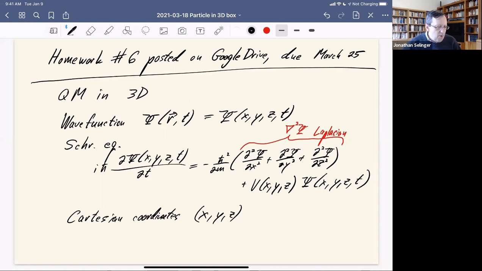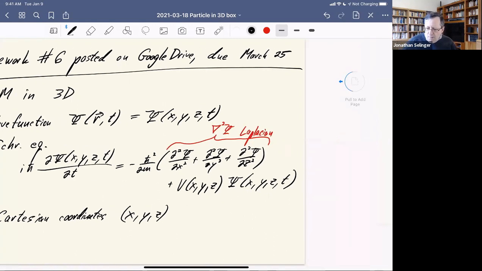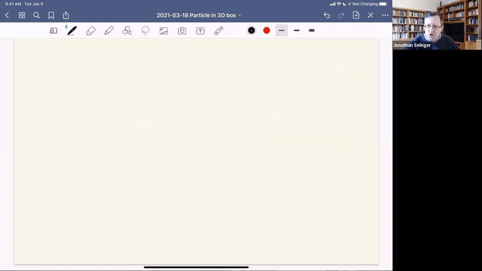Now I wanted to show you an example of solving a problem like this. When we were working in 1 dimension, we started with a particle in a box, a 1-dimensional box with a limited range of x from 0 to a. A natural generalization would be a particle in a 3D box.